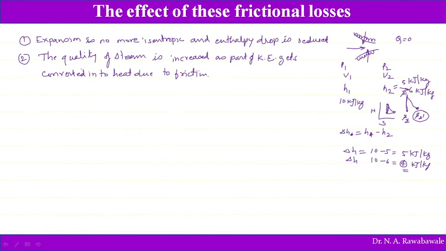Quality of steam, in the sense, for example, steam coming out of this nozzle must be wet. As the expansion takes place, due to expansion, quality of steam has to become poor. So instead of coming out as wet steam, it may come as dry saturated steam, or instead of dry saturated steam, it is going to come as superheated steam, because heat energy is produced, and that heat which is produced by friction in the nozzle improves the quality of steam.